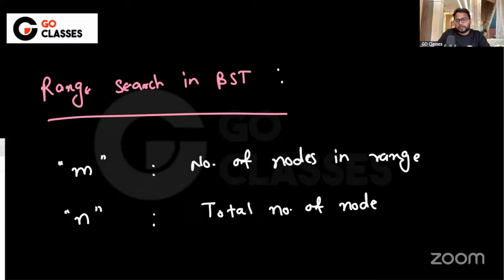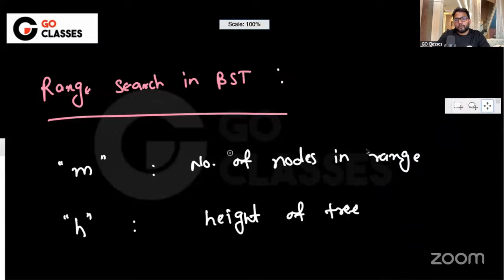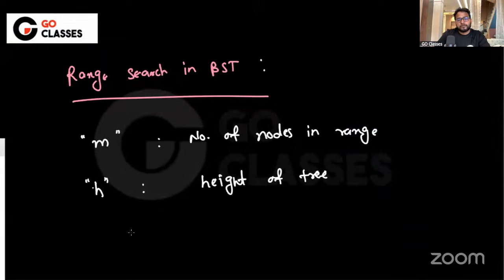Sorry, actually the total number of nodes you can calculate given the height; it will depend on the height. So you can say this is the height of the tree. Then what is the complexity? Order of m plus 2h, or m plus h, doesn't matter. I'm writing m plus h.